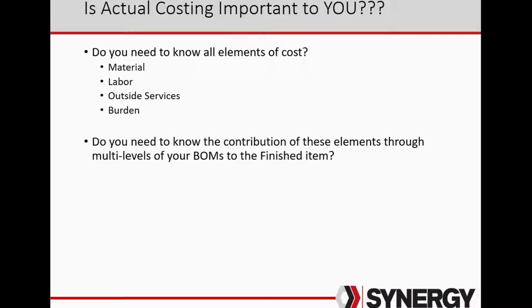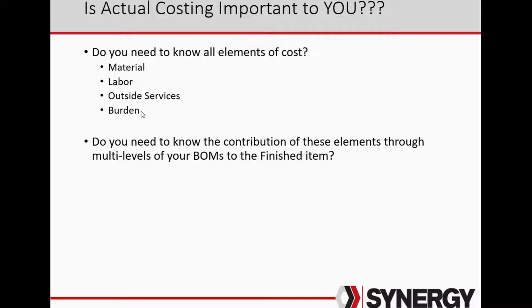Do you need to know those elements, material, labor, services, all the way through a multi-level bill of material clear to the finished item? What I mean by that is, is it important for you to see the labor contribution, the material contribution, the services contribution, and that burden contribution all the way through every subassembly as it gets issued into its parent item, clear to the finished item, so that I can see the total labor contribution into a finished item.